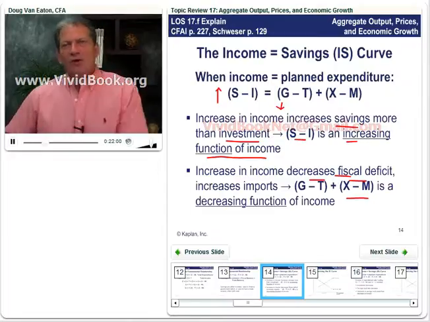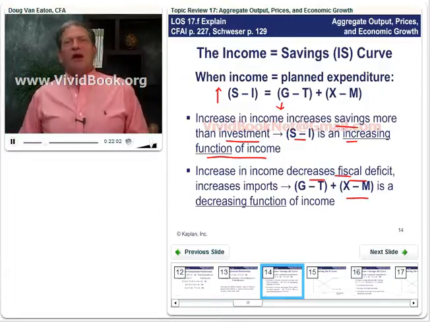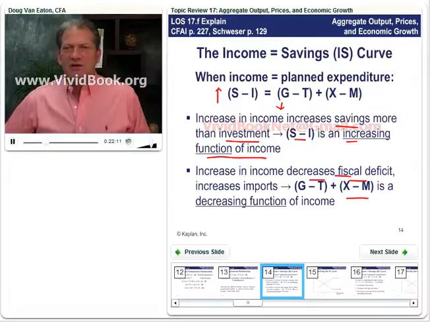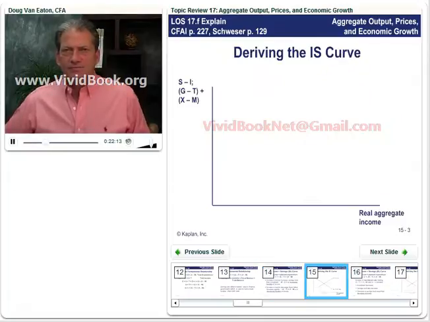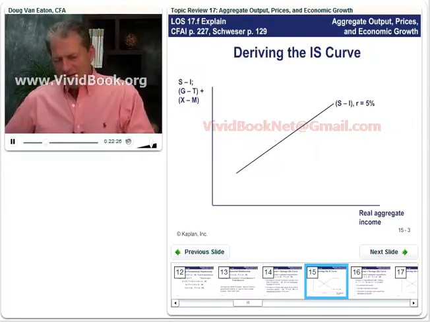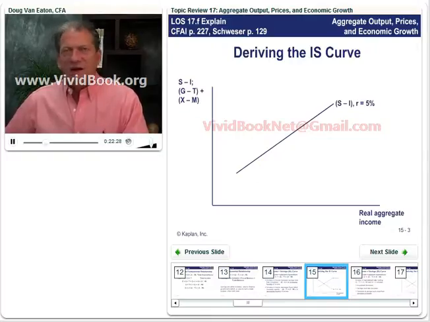Okay. So now we've got the left-hand side that goes up with income and the right-hand side that goes down with income. So how are we going to maintain this when incomes change? Well, to derive this IS curve, and again, this is not strictly required by the learning outcome statement, but it's in the curriculum materials, and it gives you an idea where these come from.